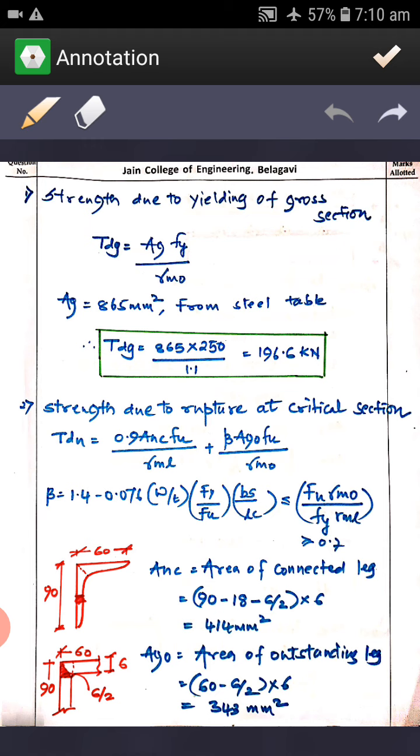Please, students, concentrate here. 90 minus the bolt hole, one line of bolt is there, so 90 minus 18 mm dia bolt hole, minus 6 by 2. Why 6 by 2? You can look here: the two legs are overlapping over each other. If I take 90 directly, that leg length will overlap the 60 mm leg length, because both are overlapping.